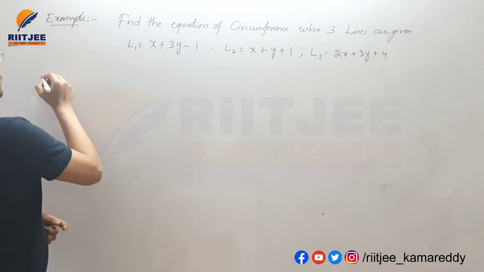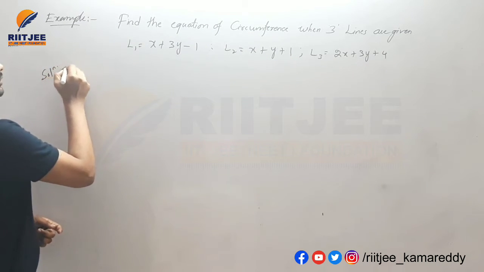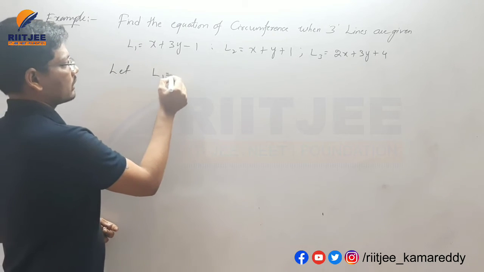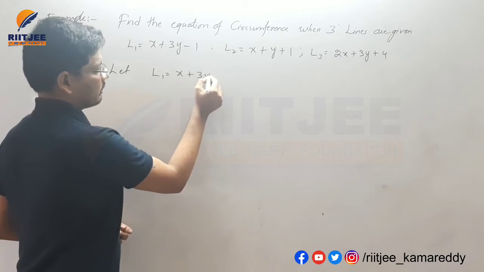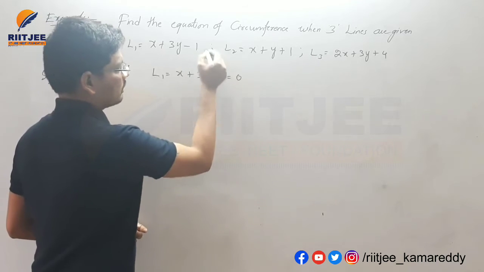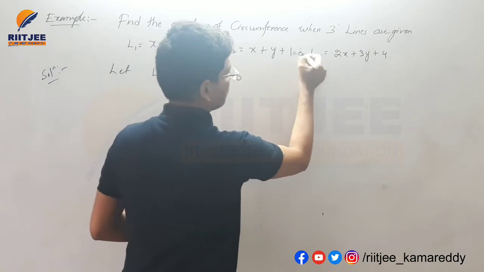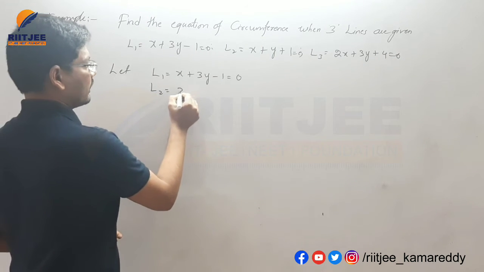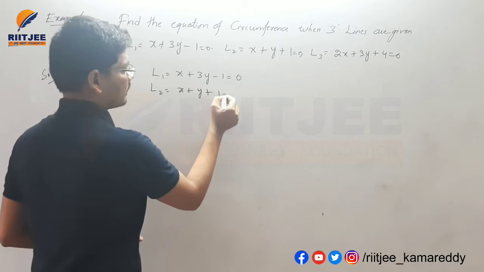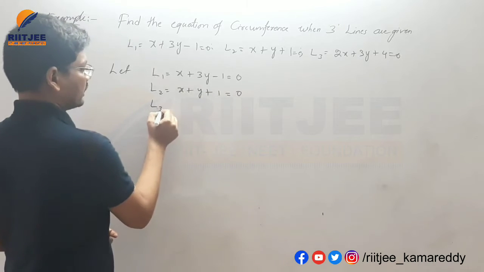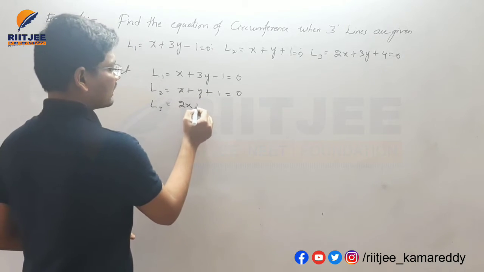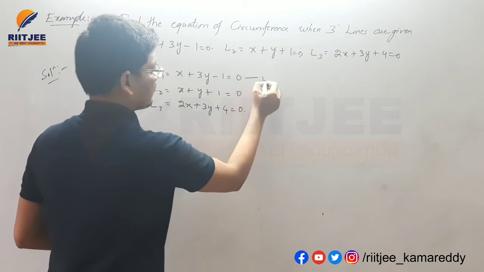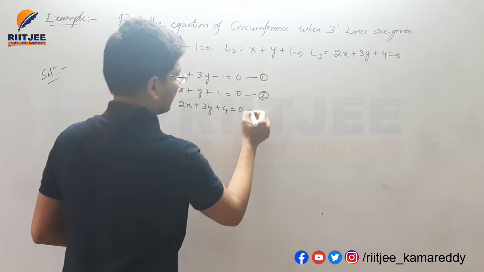And the solution. Here let L1 = x plus 3y minus 1 = 0, L2 = x plus y plus 1 = 0, and L3 = 2x plus 3y plus 4 = 0. These are equation number 1, equation number 2, and equation number 3.